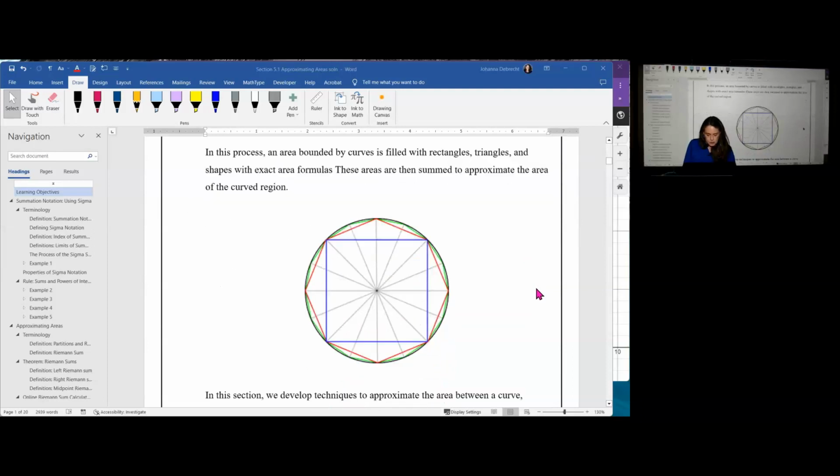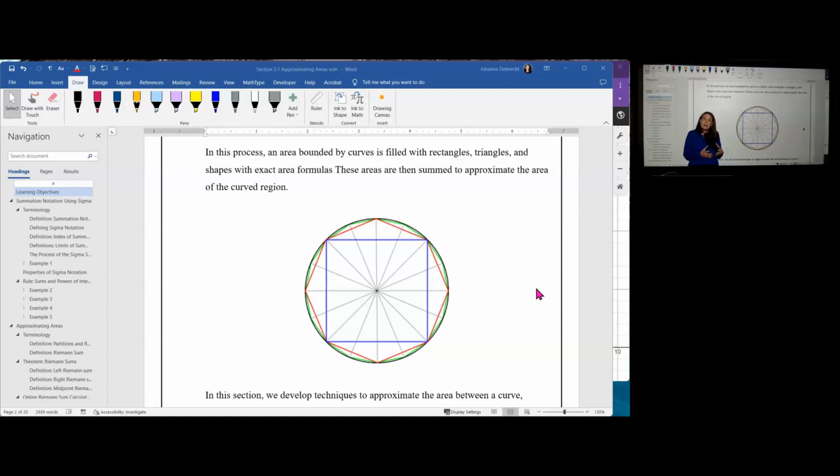What happens is you take this shape, in this case a circle, and you fill it with geometric shapes whose area you can compute, such as squares, the blue one you see here, or triangles, such as the one you see in red, and again in green.